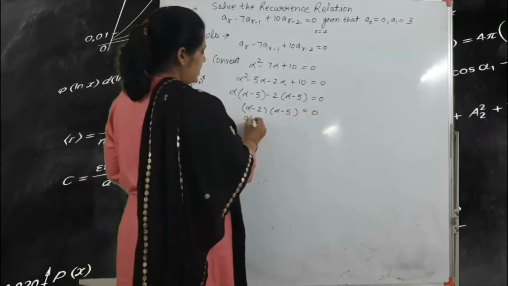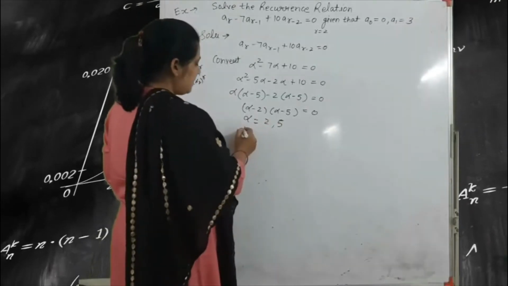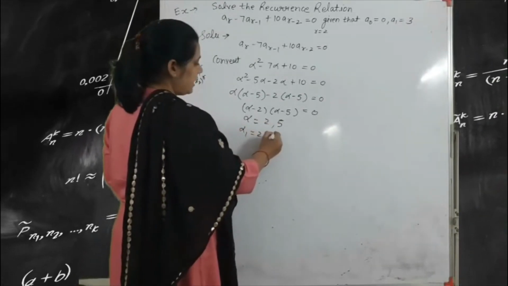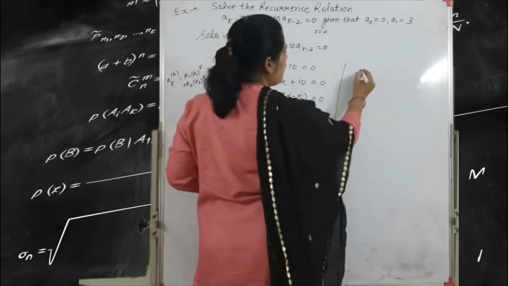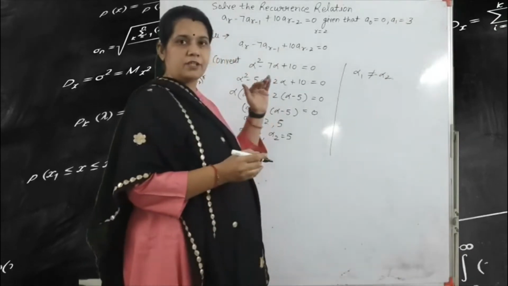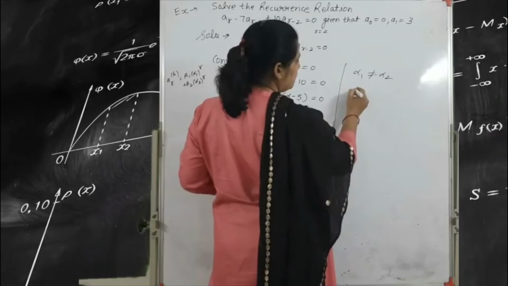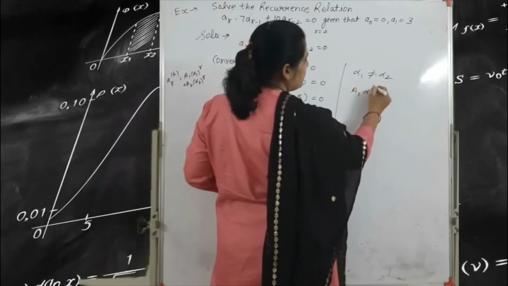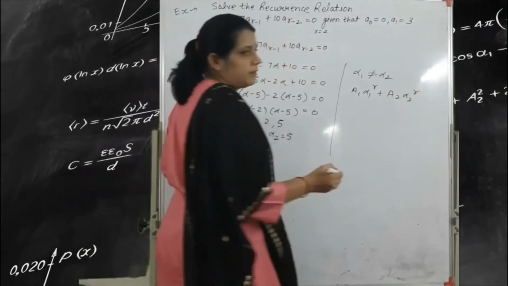That means alpha is equal to what? 2 and 5. Okay, that means alpha 1 is equal to 2 and alpha 2 is equal to 5. So if alpha 1 is not equal to alpha 2, what is the CF? CF is equal to A1 alpha 1 to the power r plus A2 alpha 2 to the power r.